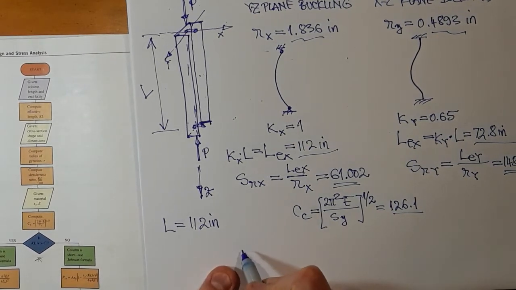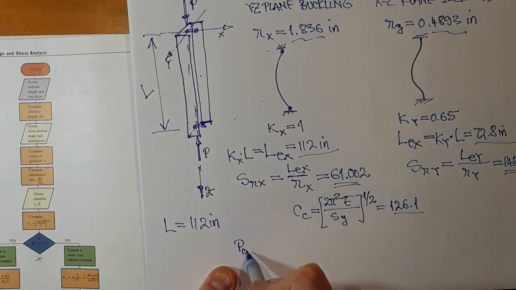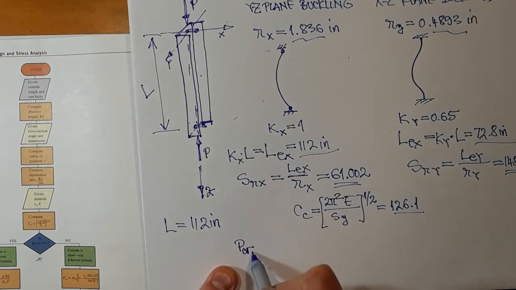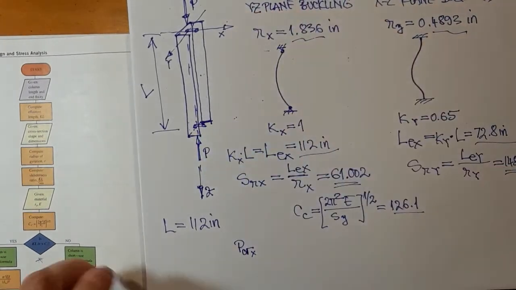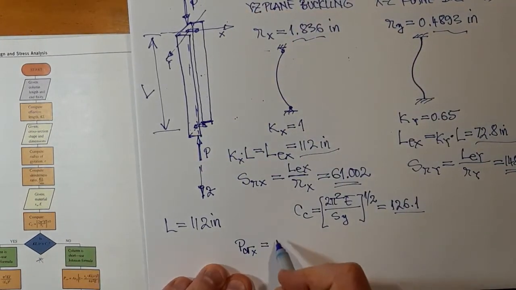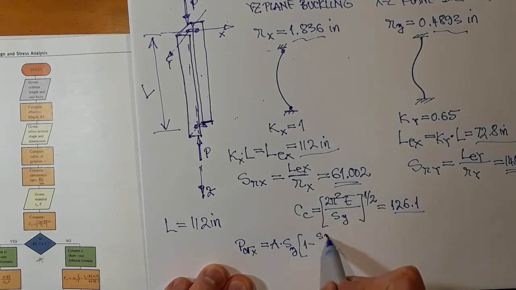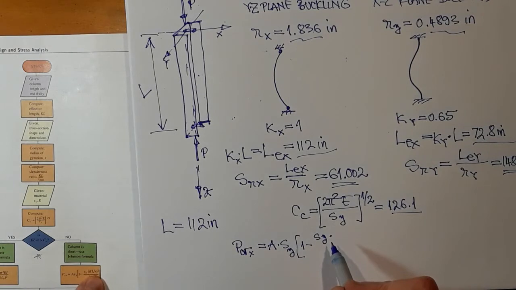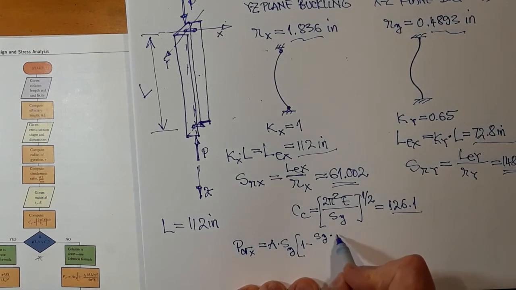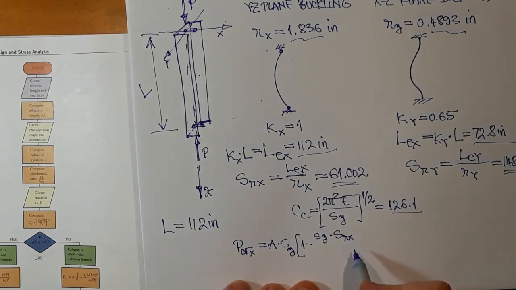So we calculate P critical, and this is for about x-axis, the YZ plane, and it's area times yield strength times 1 minus yield strength times K times L over R, that's the slenderness ratio, SRX, squared, over 4 pi squared times E.